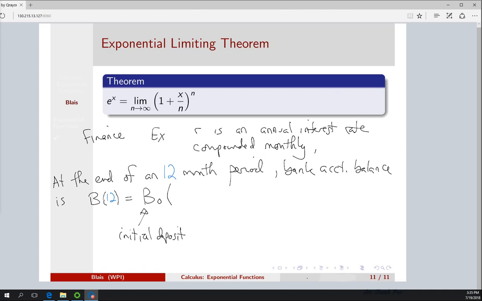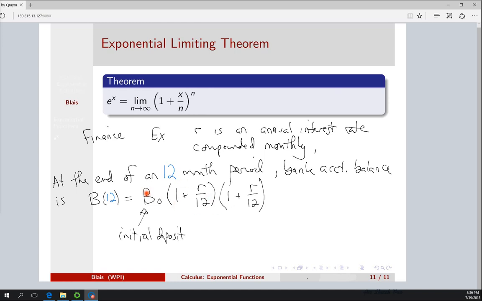Well, at the end of the first month, we got 1/12 of our annual interest on that amount. So think of it simple. If R was 12%, this would be 1 plus 1%. So the 1, we keep our initial balance, and then we get 1% of it. Well, at the end of the next month, we get another interest payment.